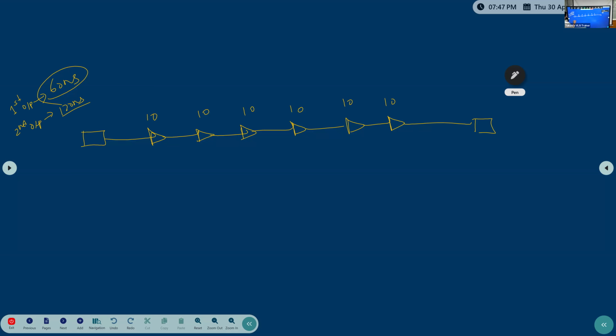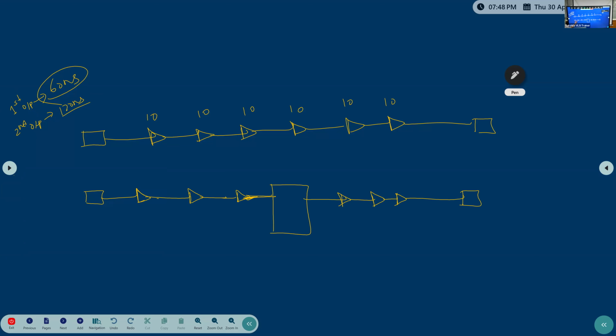Now the same circuit, this is not an inverter. One flop I added.